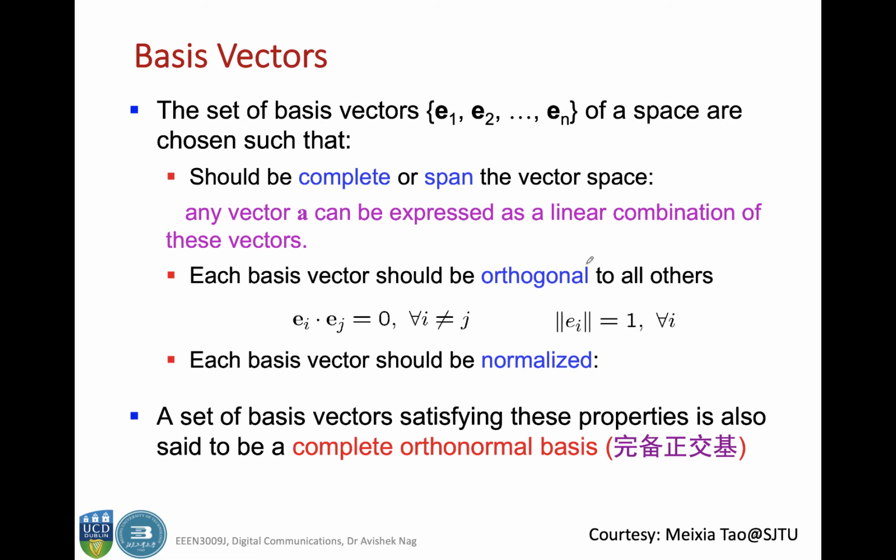That means any vector A can be expressed as a linear combination of these vectors. And as I said in the previous slide, these basis vectors should be orthogonal to all others, and they should also be normalized. So for any i and j, if they are not equal, the dot product of ei and ej should be 0, and the norm will be 1.